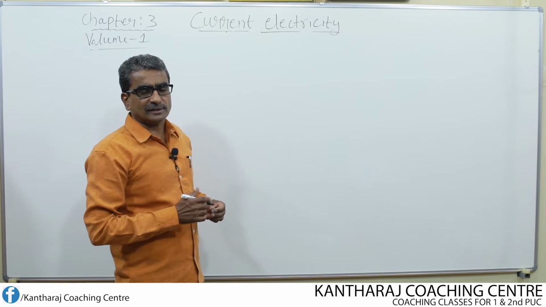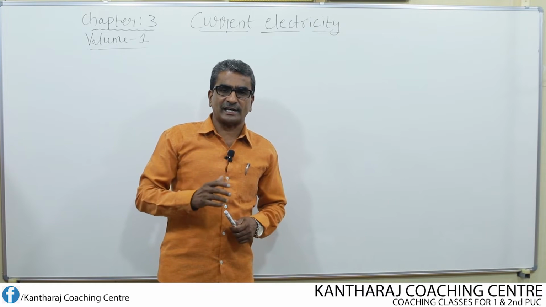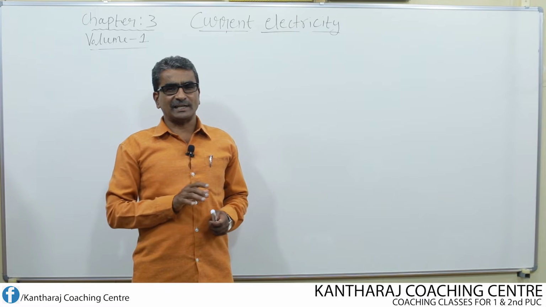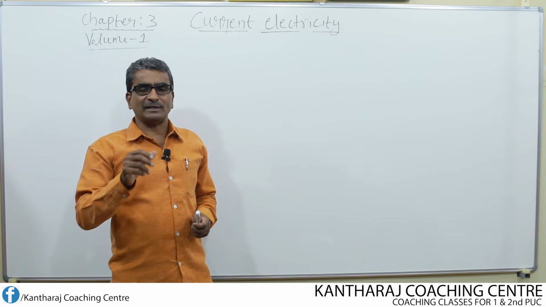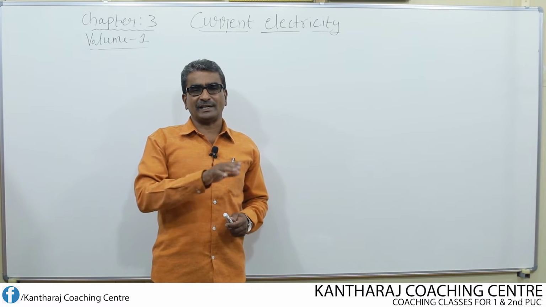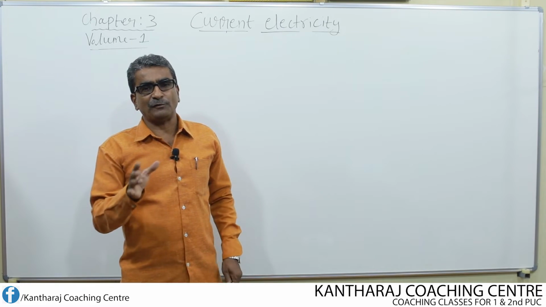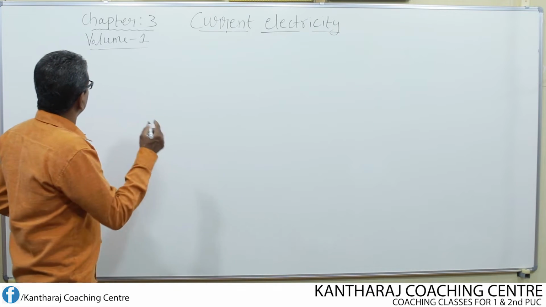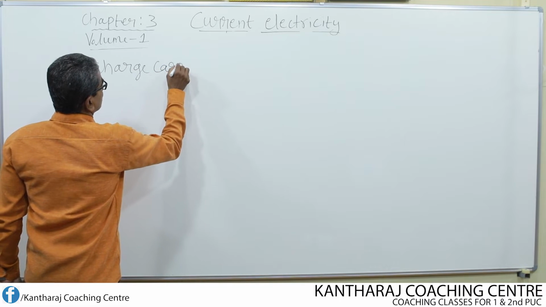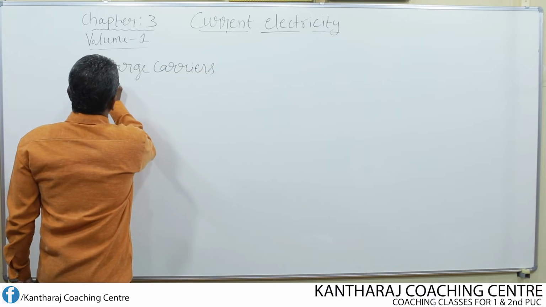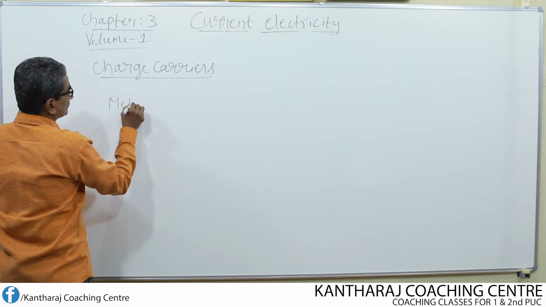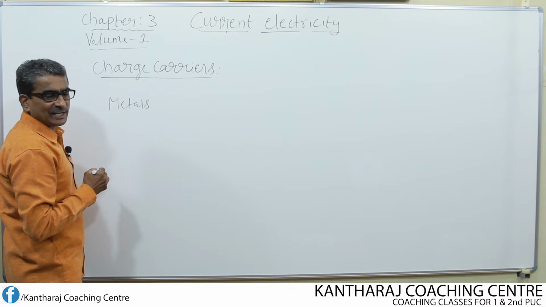Now let us know the different types of charge carriers in different substances. What are charge carriers? Charge carriers are nothing but electric charges which are responsible for the flow of electric current, or which are responsible for electric conduction. So, charge carriers in case of metals: what are the charge carriers?